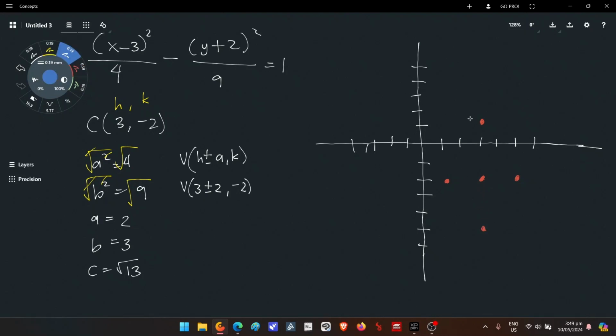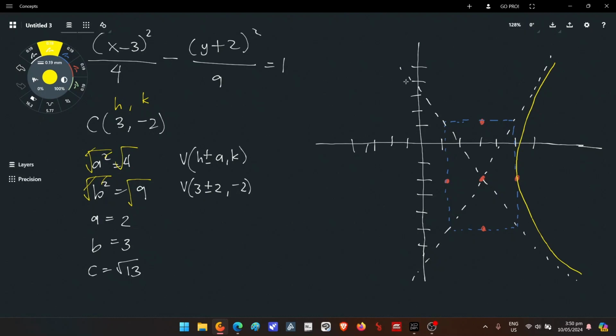And now we can draw the box, then the asymptotes for that box. And now we can graph. Make sure that the graph is not touching the asymptote.